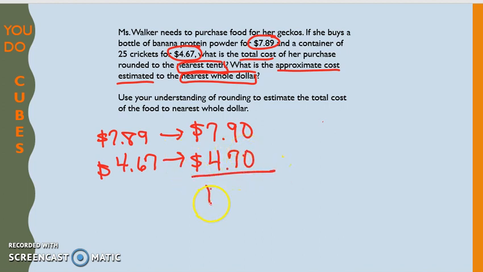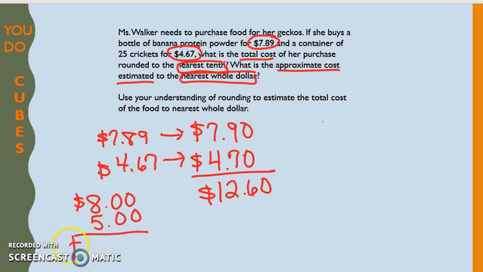And so rounded to the nearest tenth, we should have come up with a cost of $12.60. Now, if we want to estimate the approximate cost to the nearest whole dollar, we would have said that $7.89 would be approximately $8, and $4.67 would be approximately $5, for an estimated cost of $13.